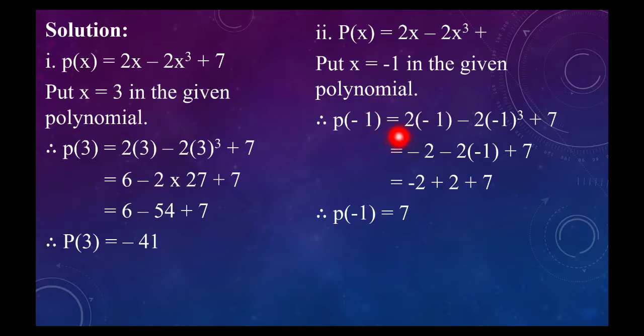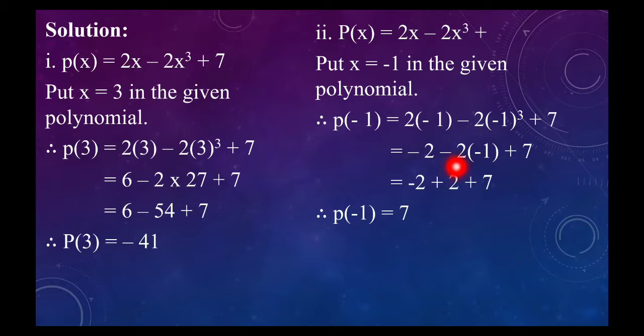P of minus 1 is equal to 2 into minus 1, minus 2 into, in the bracket, minus 1 cube, plus 7. So after opening the bracket, we will have minus 2 minus 2 into minus 1 cube, which is minus 1, plus 7. Then it is minus 2 plus 2, that is plus 2.